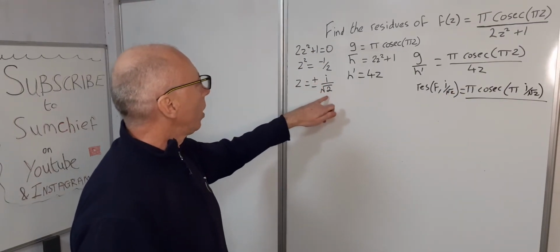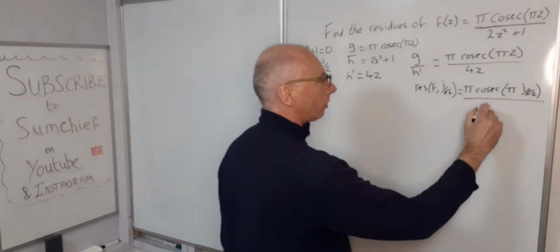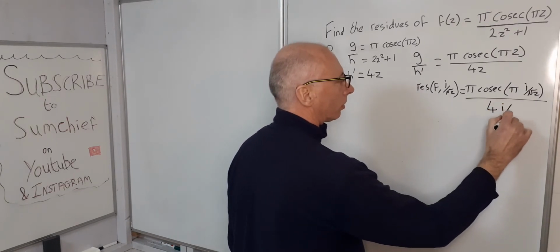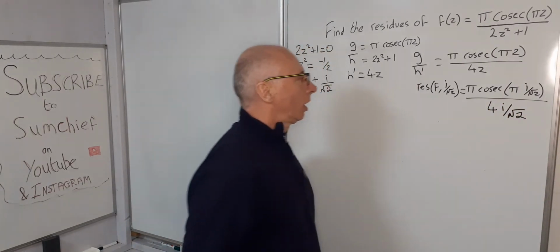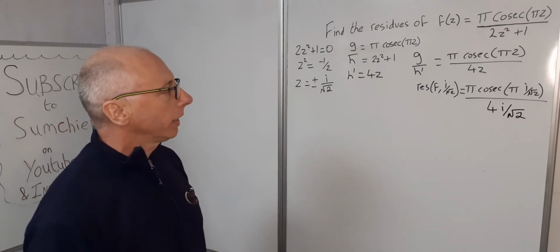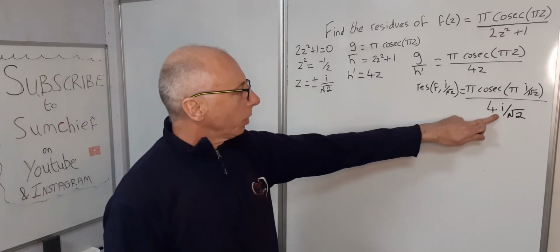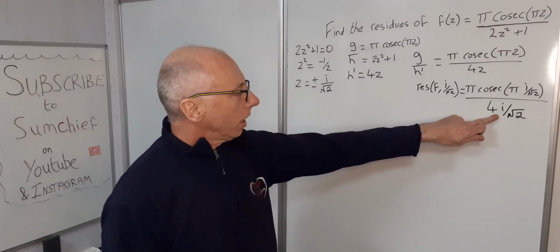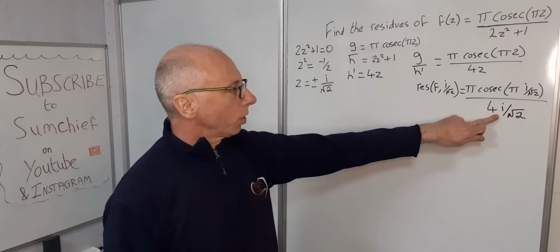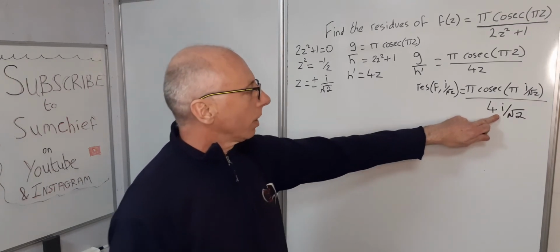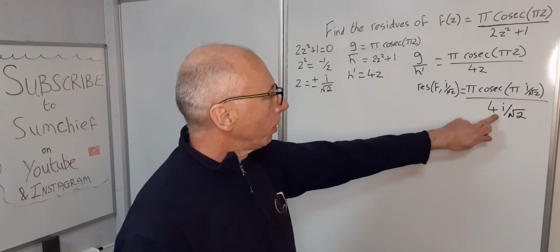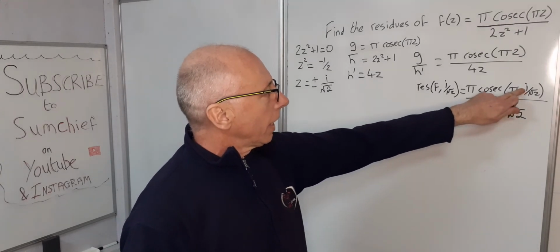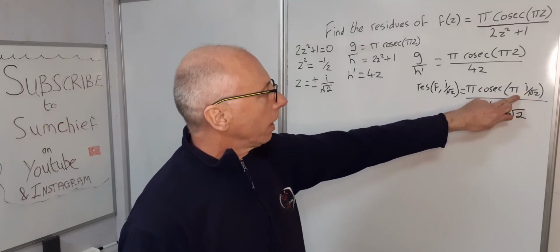So that will give us 4i over root 2. Okay, so we can make this denominator 2i root 2. That's fine. If you do 4 over root 2, it becomes 2 root 2. Now this pi i root 2 in here is a little bit of a problem.